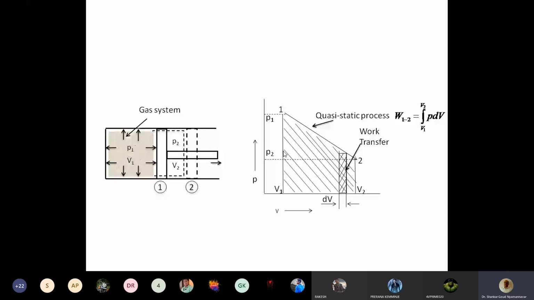Here P2 again 0.15 into 10 to the power 6 whole square, minus 1.5 into 10 to the power 6 whole square. Do it. Are you able to follow what I am saying here? Any confusion?